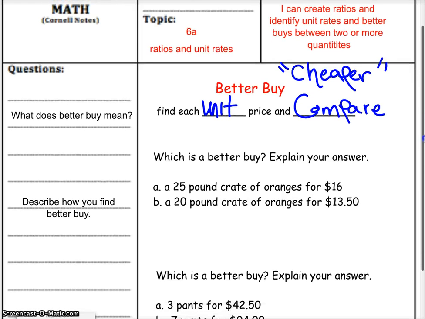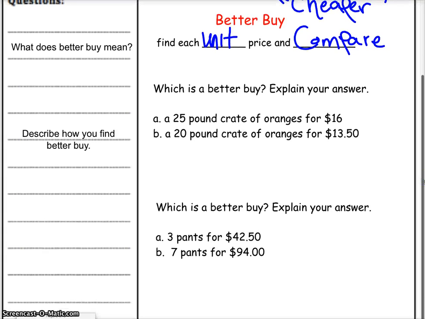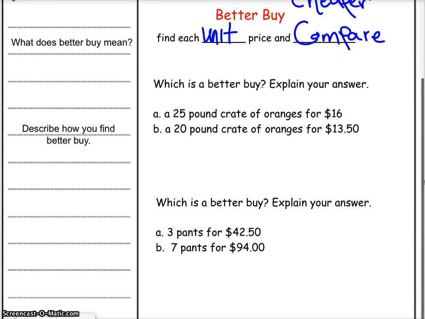Okay, so which of the following would be a better buy? A 25-pound crate of oranges for 16 bucks, or a 20-pound crate of oranges for $13.50. So what do I need to find the unit rate? I want to know how much per crate. I want to know dollar per crate is what I want to know.